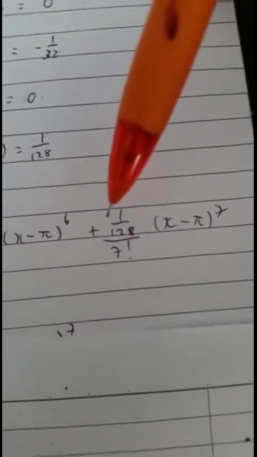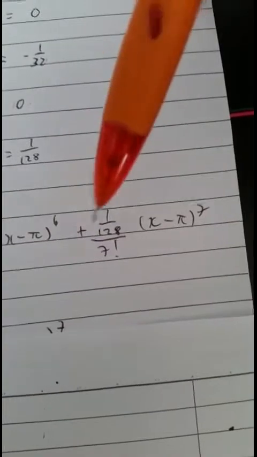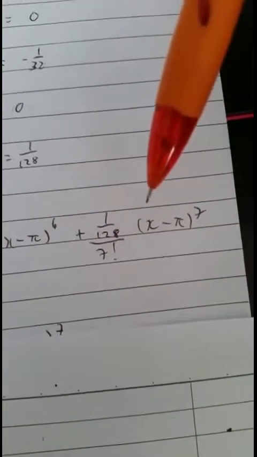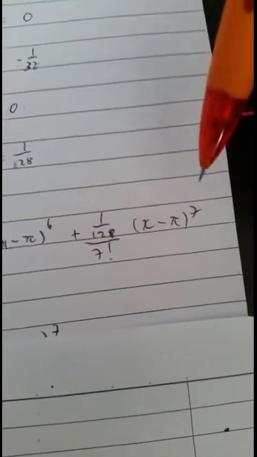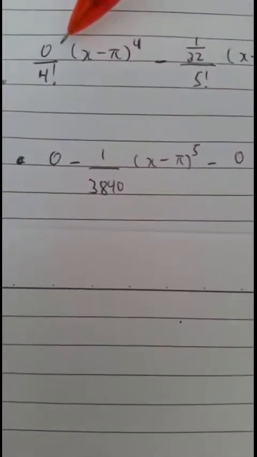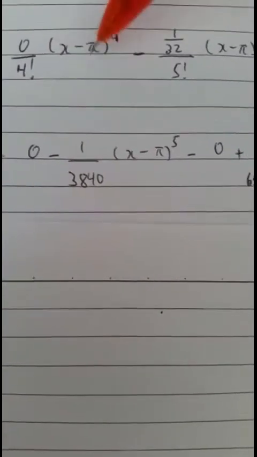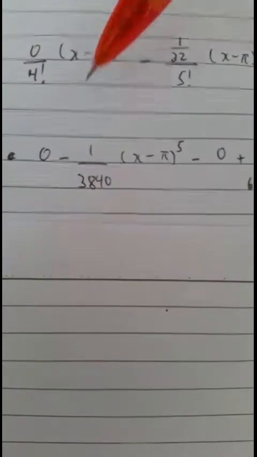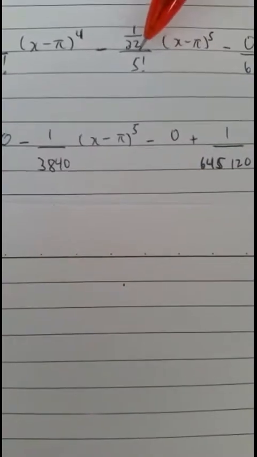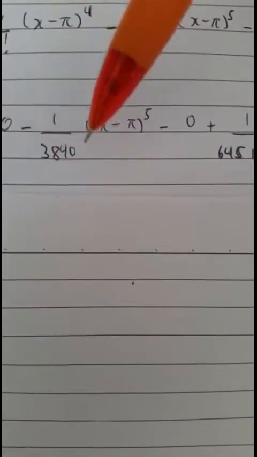Then the seventh term is 1 over 128 over 7 factorial bracket x minus pi to the power of 7. Then from here we can say that 0 over 4 factorial gives us 0. So 0 multiplied by whatever is in this bracket will still give us 0. Then from here, 1 over 32 over 5 factorial gives us 1 over 3840.